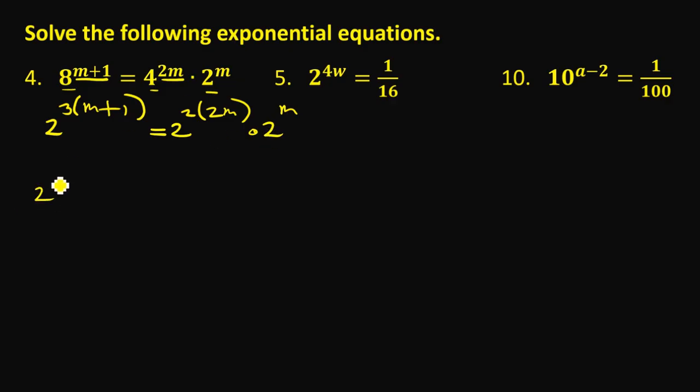Copy 2 raised to, and we can multiply this using the distributive property. 3 times m is 3m, then 3 times 1 is positive 3. Then equals 2 raised to 4m, since 2 times 2m is 4m, then times 2 raised to m.